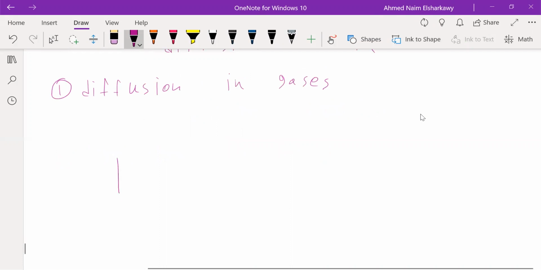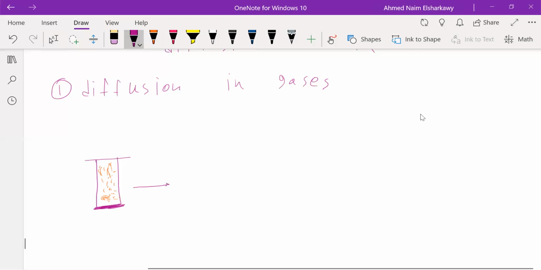So, for example, if you have a beaker, and in this beaker you have hydrogen gas, and this is a paper. So this is hydrogen gas in the whole beaker. Okay, and then I will put another beaker over it.